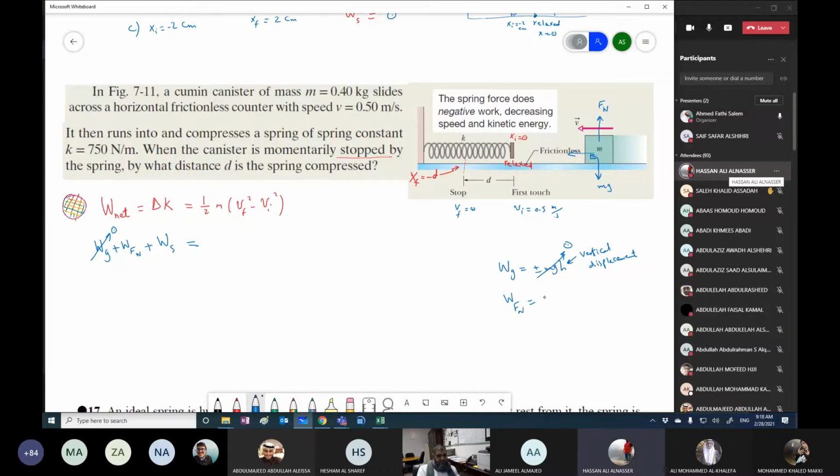Because the angle between them is 90. Yes. Because work, Hisham, focus with me, is the dot product of the force with the displacement. Right? The dot product means F times the displacement times the cosine of the angle between them. How much is the angle between them, as you see? 90. How much is the cosine of 90, Hisham? Zero. So the work done by the normal force is equal to zero. What remains is only the work done by the spring equals 1/2 m (v final squared minus v initial squared).